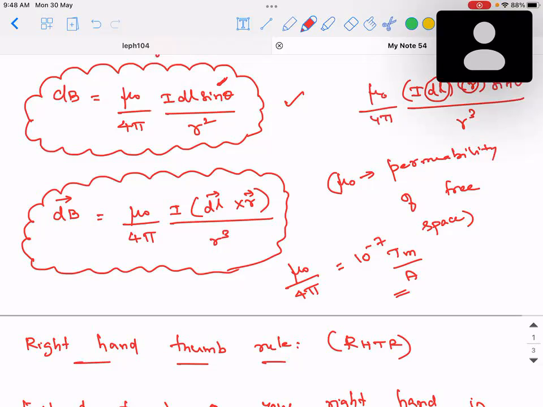So it is 10 power minus 7 Tesla meter per ampere. In most of the problems you will not need mu naught by 4 pi, you need only mu naught. So if they ask for mu naught, what will you do? Take the 4 pi to the other side. So mu naught will be equal to 4 pi into 10 power minus 7 Tesla meter per ampere. Is that clear?